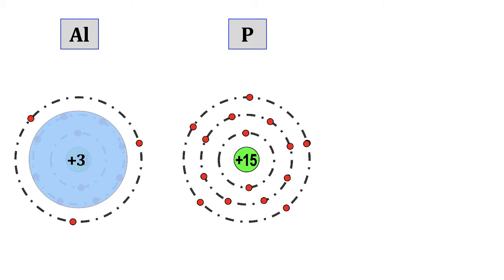The next element we'll use is phosphorus. It's a little farther across the period in the periodic table. 15 protons in the nucleus, 2 electrons in the first shell, 8 electrons in the second shell, so 10 inner shell electrons as with aluminum, but now there's 5 valence electrons.